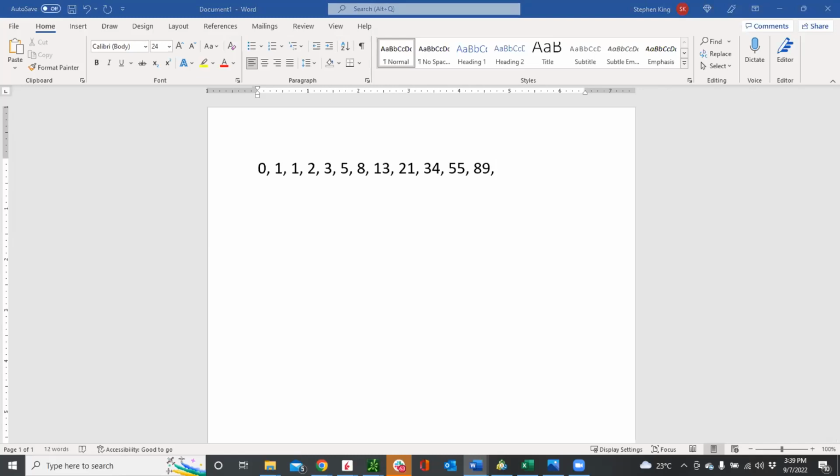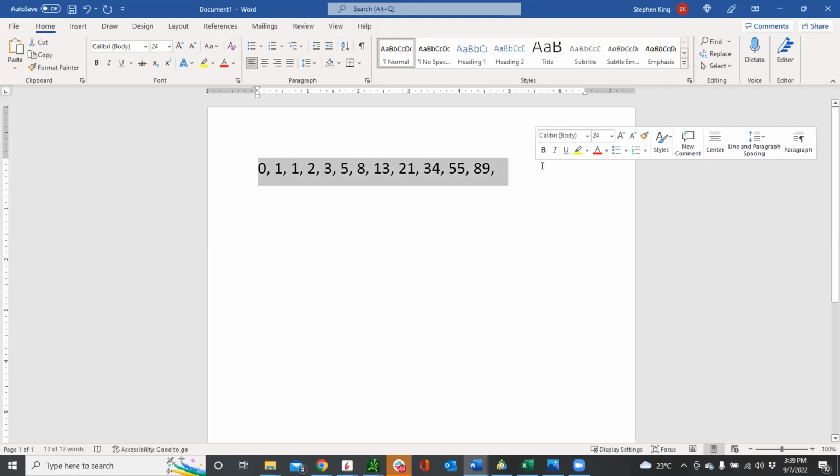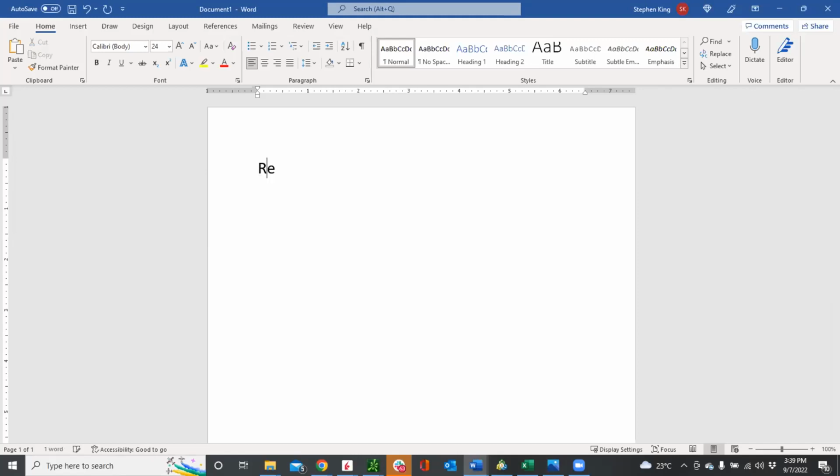So the main things that we're going to be looking at are Fibonacci retracements, and we're going to be looking at Fibonacci extensions.